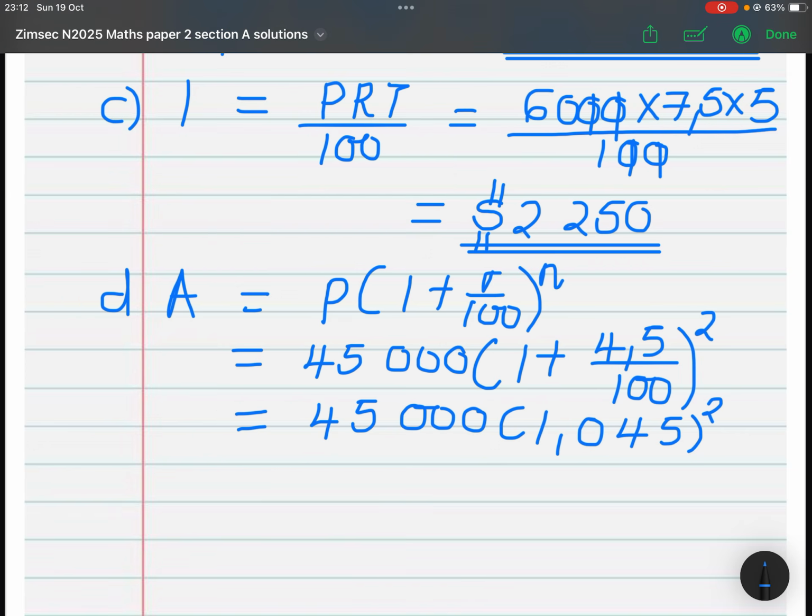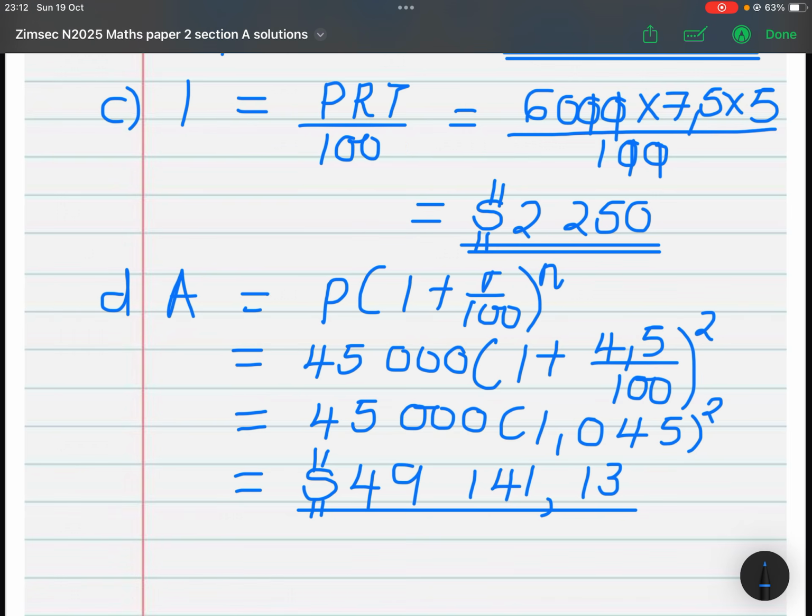And this one, we are going to square it. Then we punch on the calculator. We are going to get a figure of 49,141.13. This is going to be the amount to be paid by the farmer. So by doing this, you get all the 3 marks on the second part of the question. So that was all about number 3, that was in November 2025.